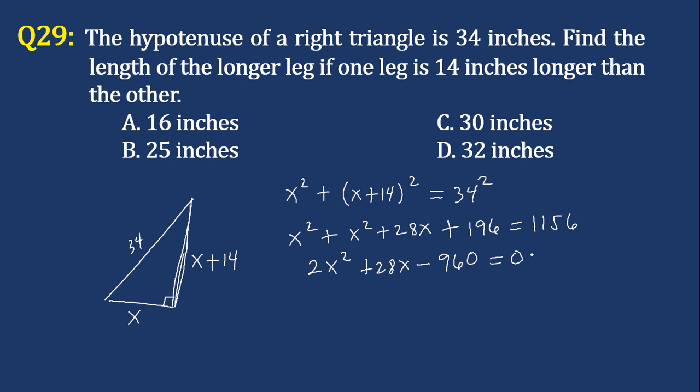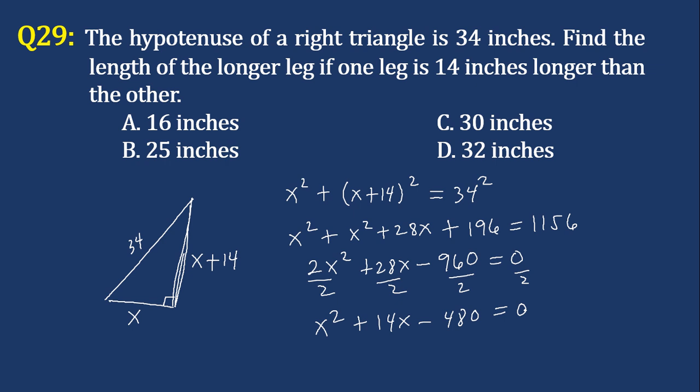Okay, so to make the number smaller, we can divide both sides by 2. So we have x squared plus 14x minus 480 equals 0. This is a very large constant. You might have difficulty factoring this, but your calculator can always help you.